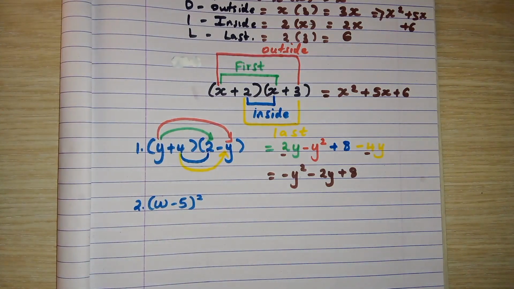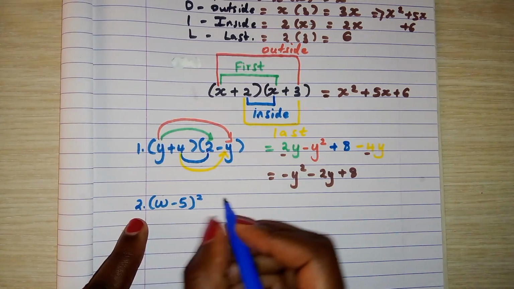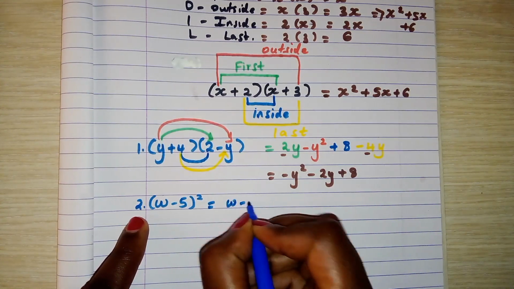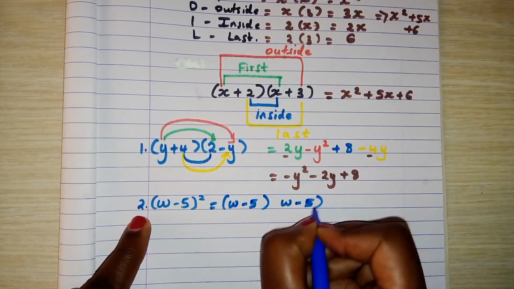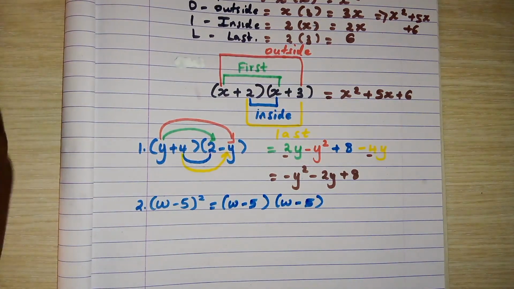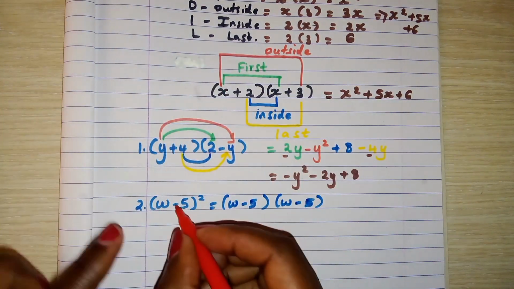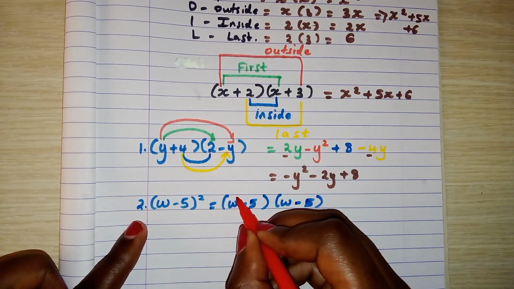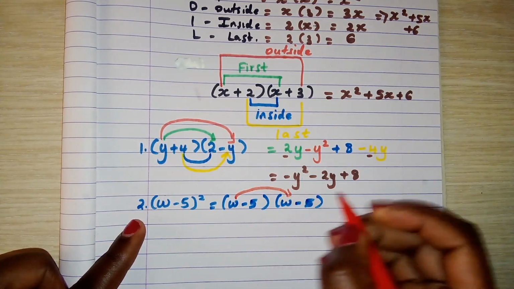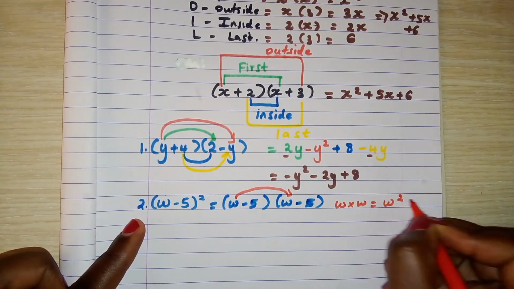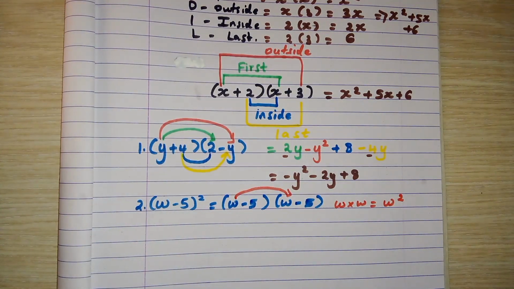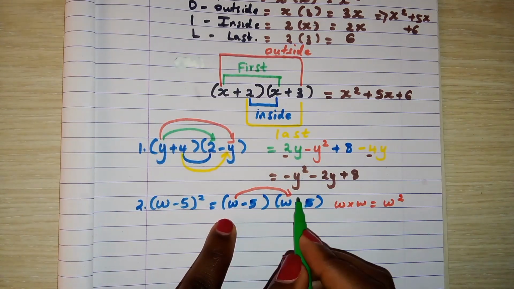So what this means is we take this one and multiply it by itself. So w minus 5 and another w minus 5. Then we use the same procedure of FOIL. So we'll do w times w equals w squared. That one was first.